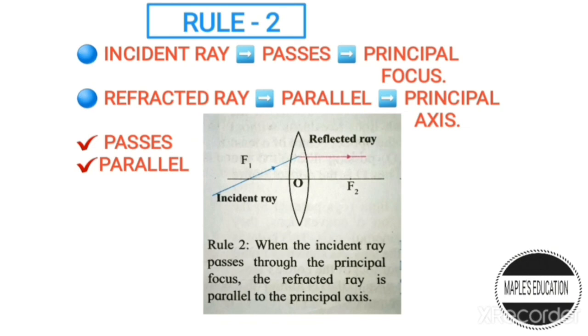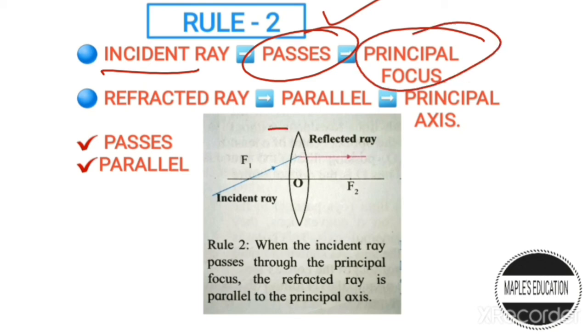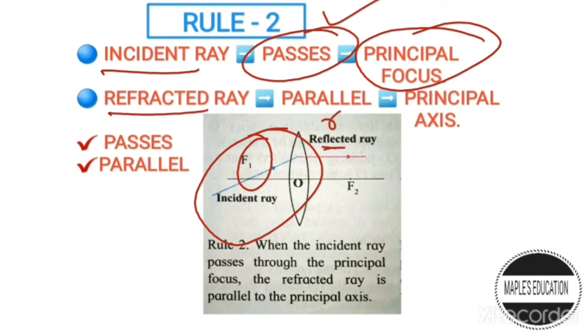Now moving to the next rule. Rule 2 says that the incident ray passes through the principal focus. You can see in the diagram here, the incident ray is passing through my principal focus. Now what happens with my refracted ray? The refracted ray is parallel to the principal axis.